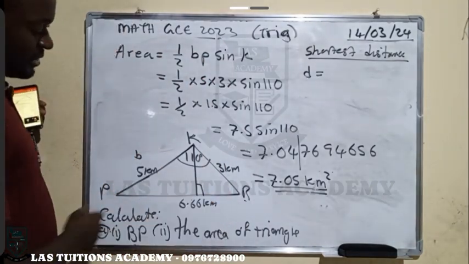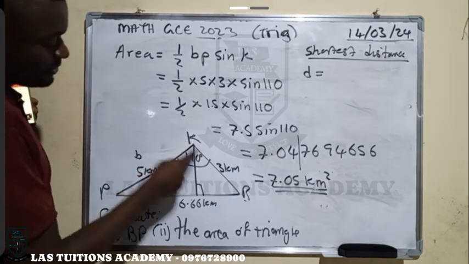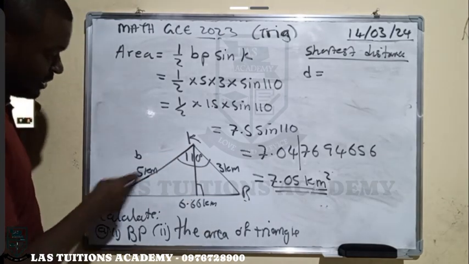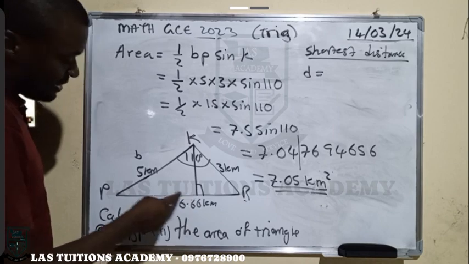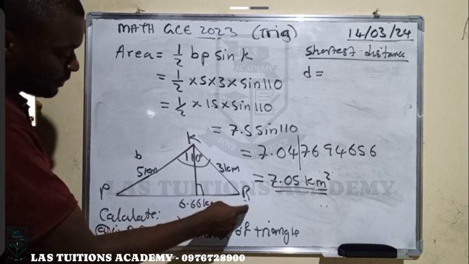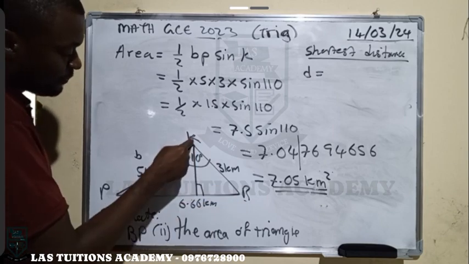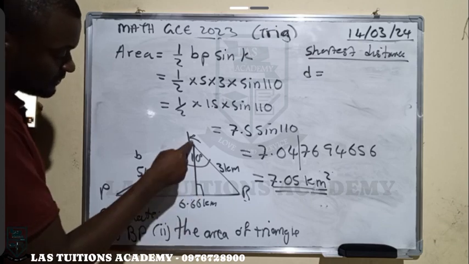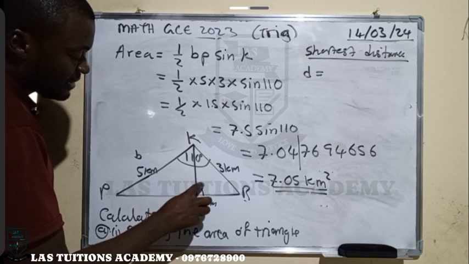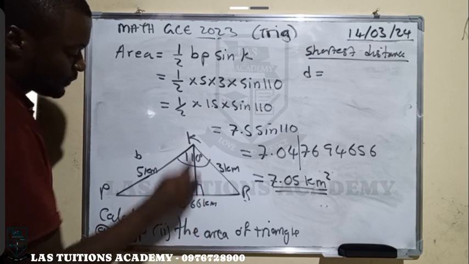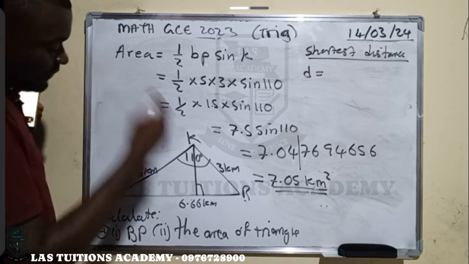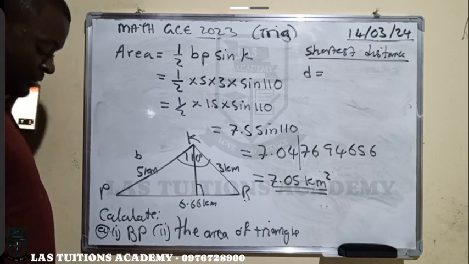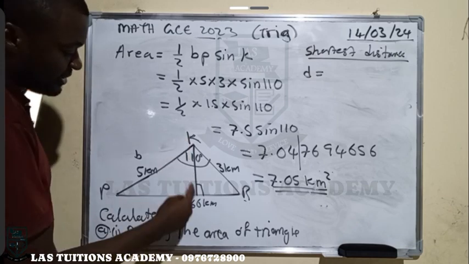Instead of going to B and then to P, you just take a shortcut here. So this is the shortest distance from K to BP. It has to form 90 degrees here for it to be the shortest. If it doesn't form 90 degrees, then it's not the shortest.